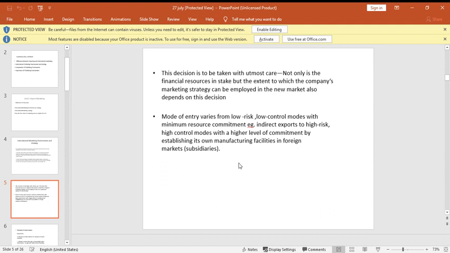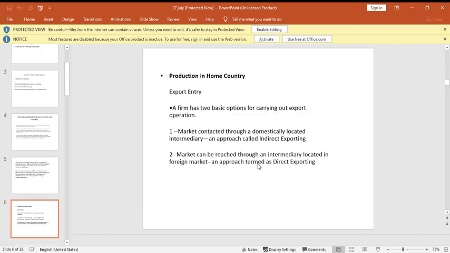Mode of entry varies from low risk, low control modes with minimum resource commitment, for example exports, to high risk, high control modes with a higher level of commitment by establishing its own manufacturing facilities in foreign markets, that is, subsidiaries.